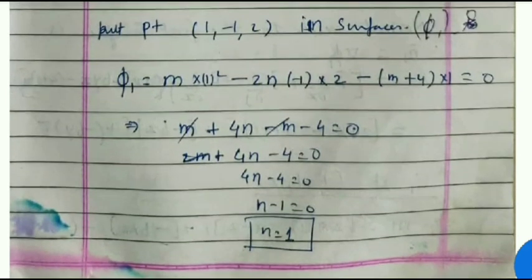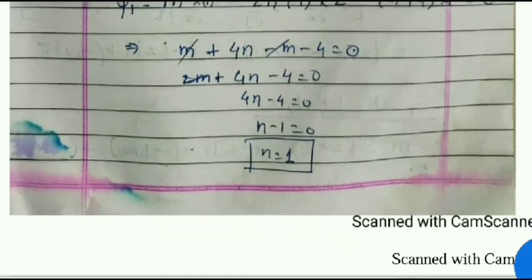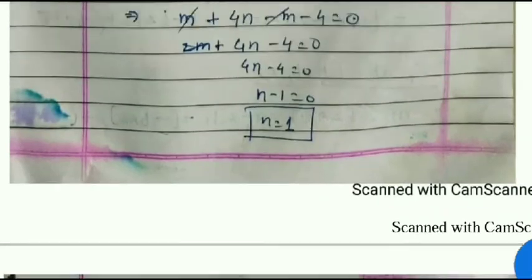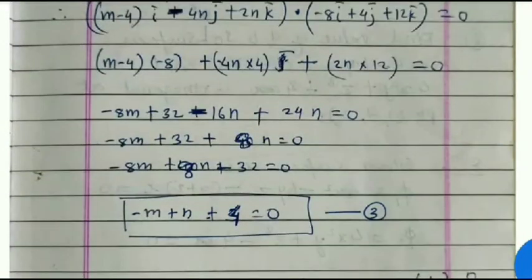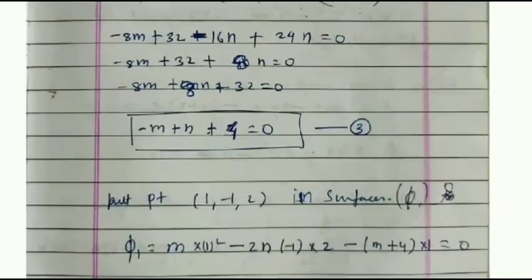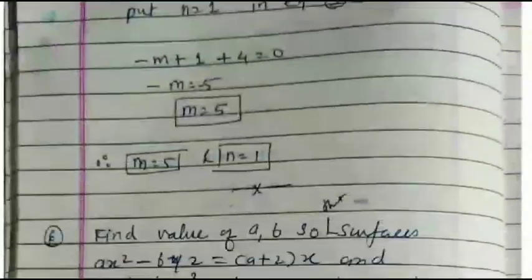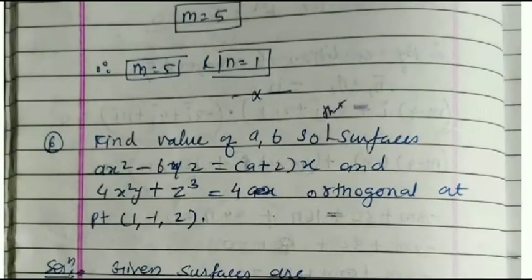By putting this point in the first surface, we will get the value of n, and put this value of n in equation number 3. After putting n equals 1, finally we get the value of m.